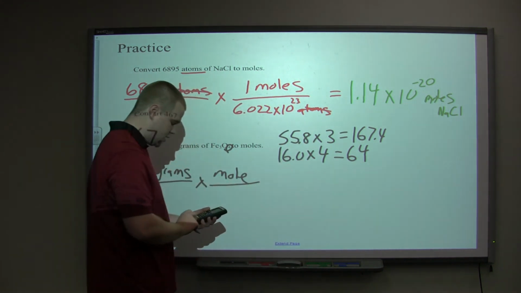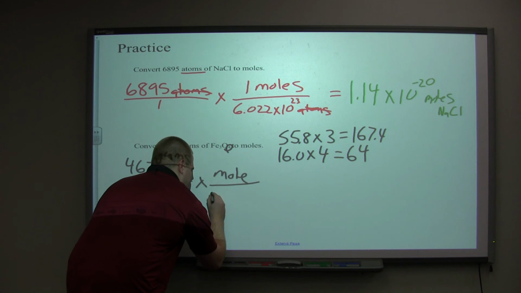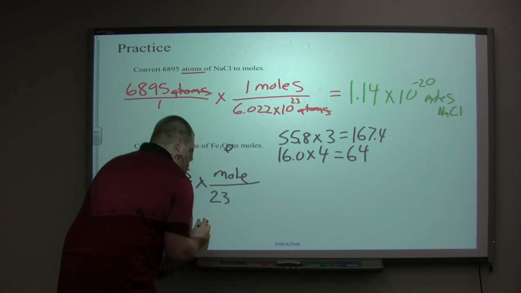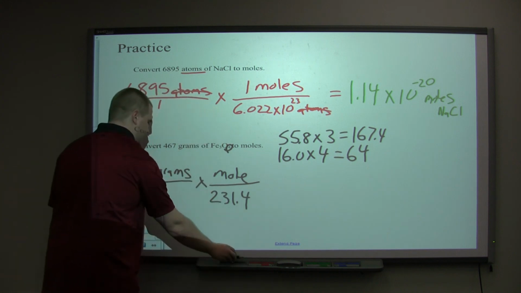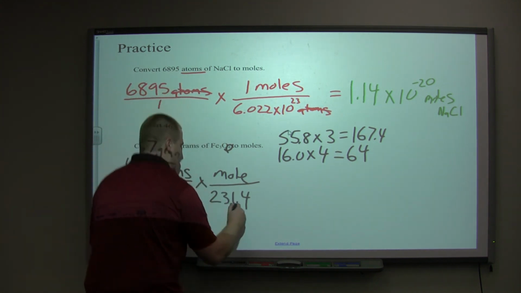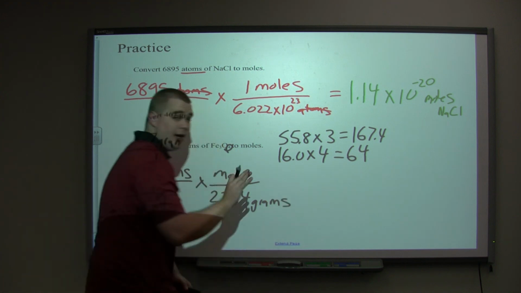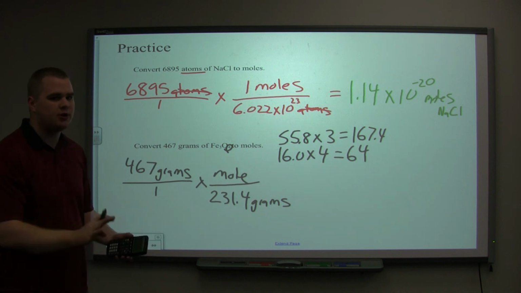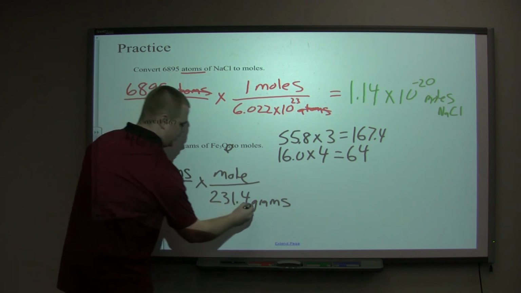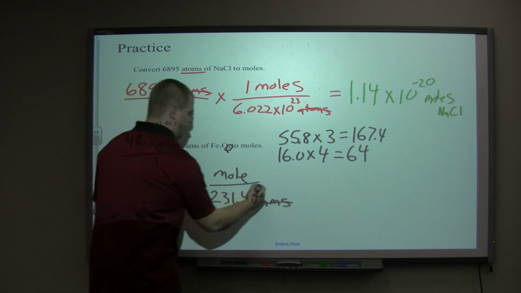If you add those up, your gram molar mass is 231.4 grams. Don't forget units. You've got to remember your units, or you can mess this up real easy. Units are key. So grams cancel out, and you're going to be left with moles.